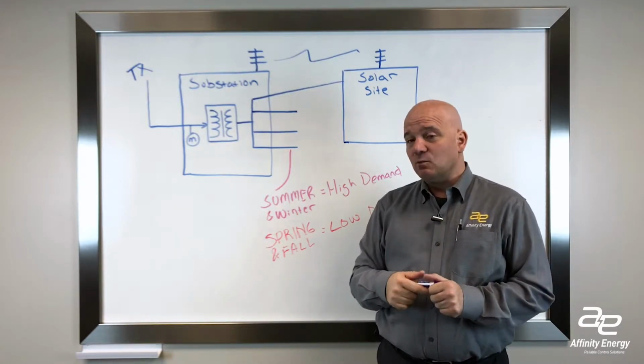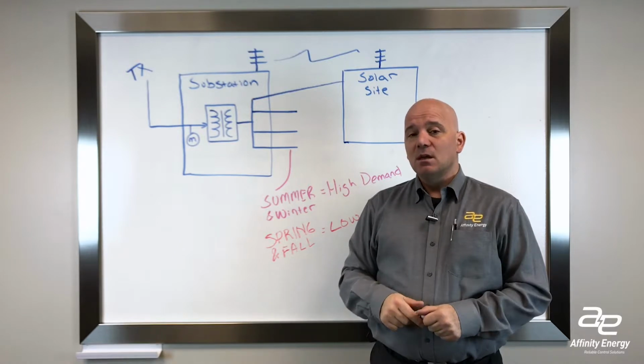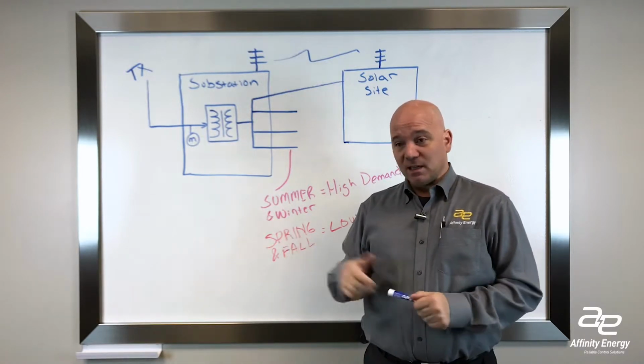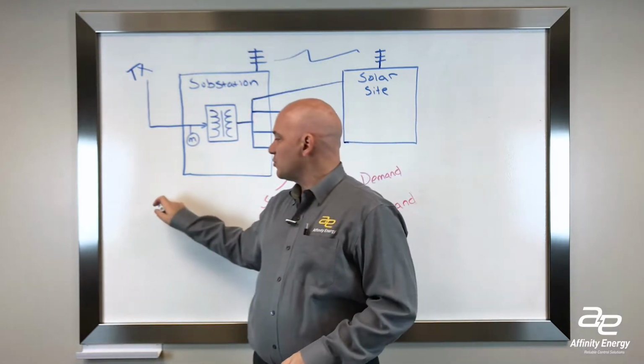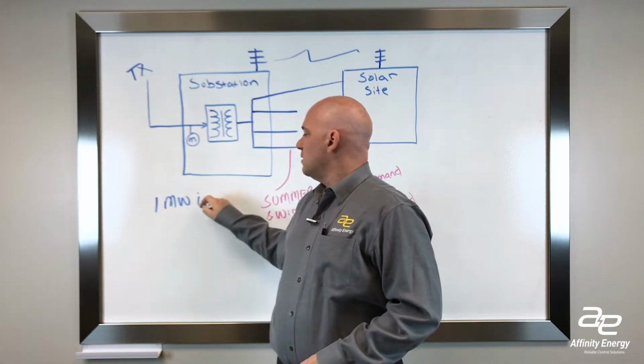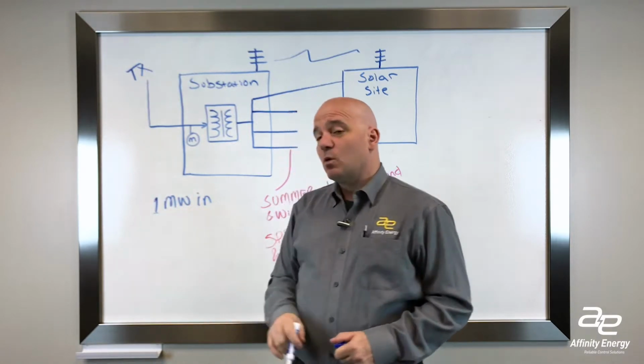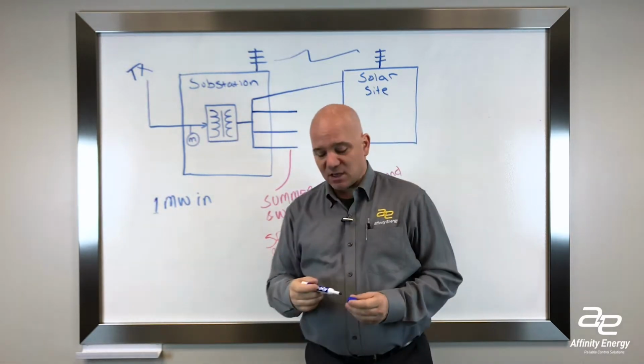And we have an agreement with the utility. We had to pick some level of minimum power coming in. Arbitrarily, say 1 megawatt in was the minimum. So it's got to be at least 1 megawatt coming into this substation.